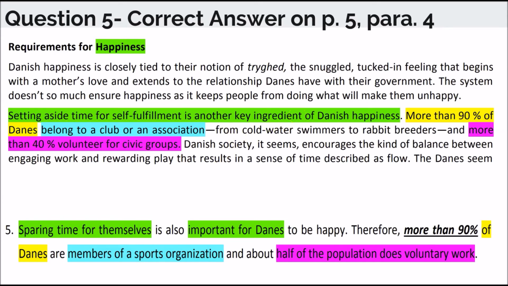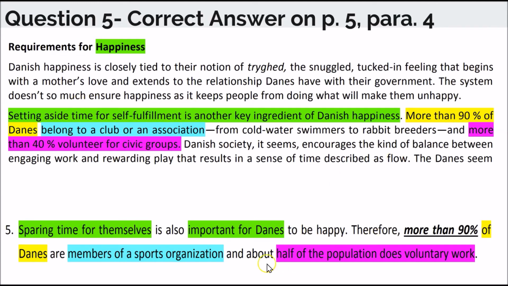As you can see, Danes belong to a club or association according to paragraph 4. And in the statement, however, again, we are given that Danes are members of a sports organization. So a sports organization is changed to a club or association in the actual paragraph. So Danes, but which Danes are they? In the paragraph, you will see that more than 90% of Danes do this, right?